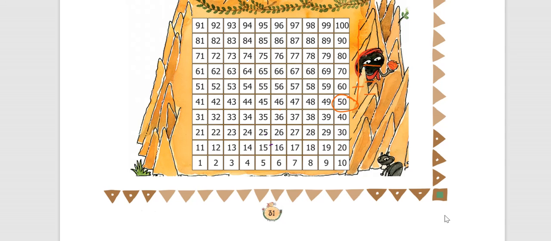So that is 1, 2, 3, 4, 5. 5 steps up is 5 tens is 50. I went far more than I should. So I go back to 98, which is 2 steps to the left, minus 2. So 50 minus 2 is 48. So to reach from 50 to 98, I take 48 steps. Okay. So the answer is 48.